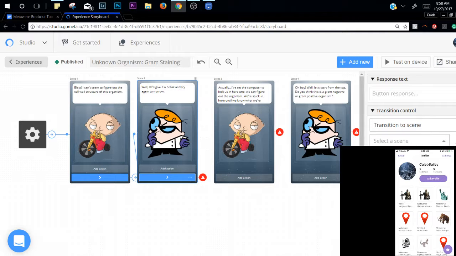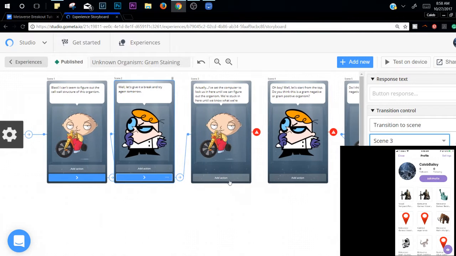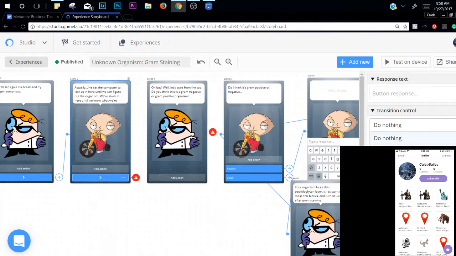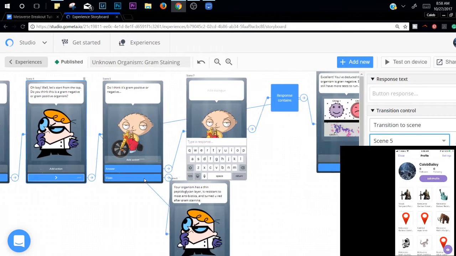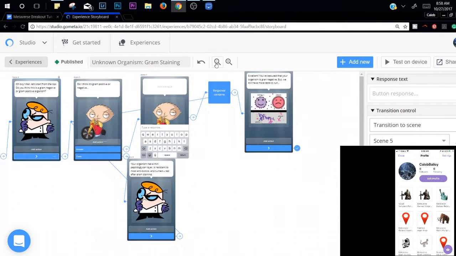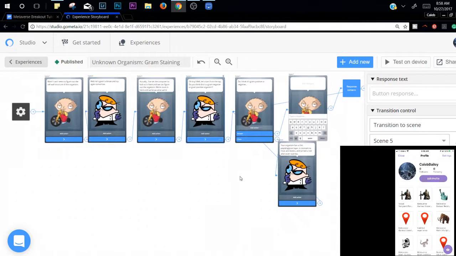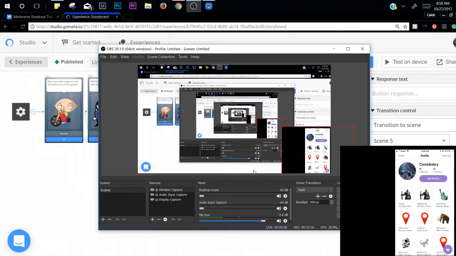What kind of motility does it have? Those sorts of tests you have to continue to do, and so I actually think I'll make a whole series on the whole process of finding an unknown organism, and starting with gram staining is the best place to start, because when you're actually doing the test, that's where you start, is you try to figure out the gram stain.